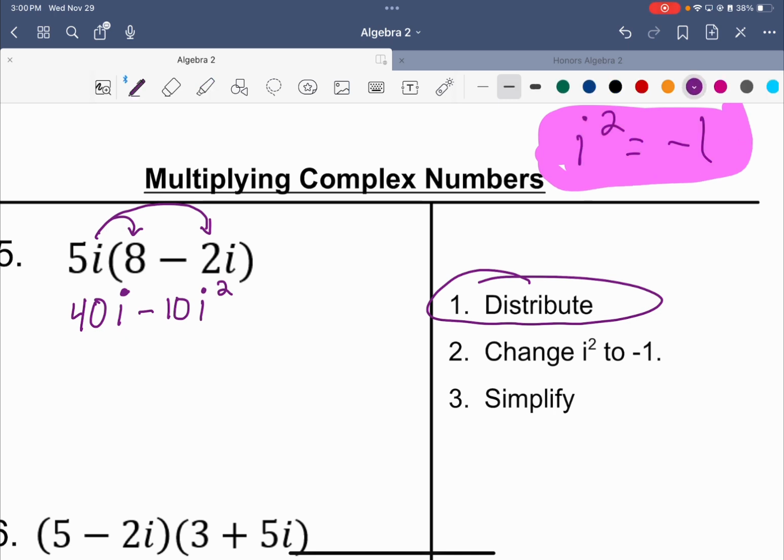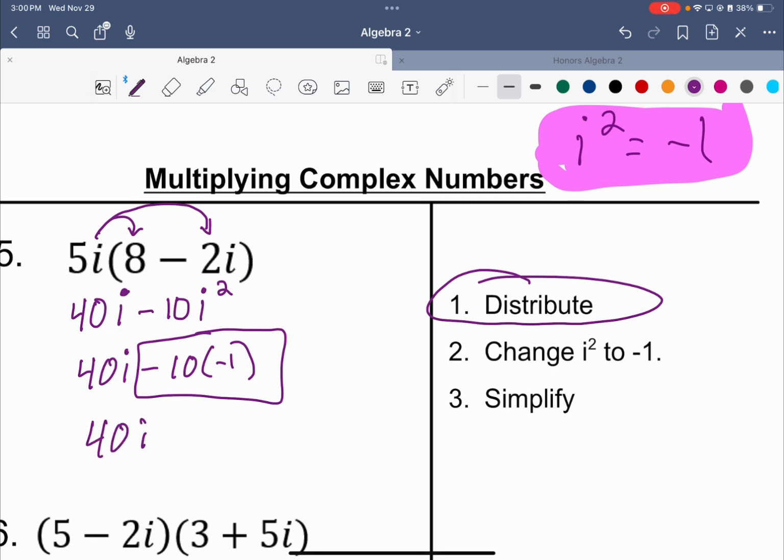So anywhere we see an i squared, I can change that to a negative 1. So now we've got negative 10 times negative 1 sitting right there. So that becomes positive 10.